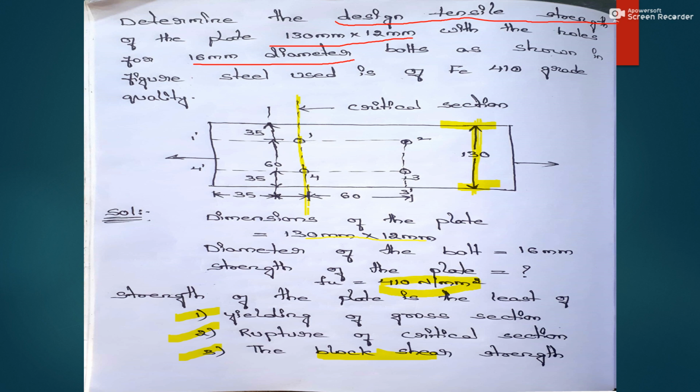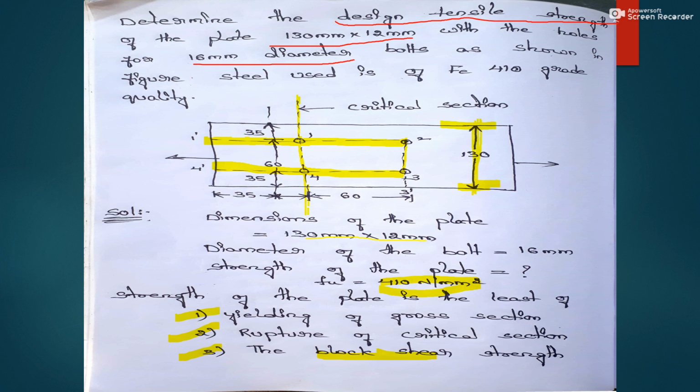So block shear will fail like this, in this way. So the complete block will fail. So that only we are calculating. This is the third failure that we are calculating.